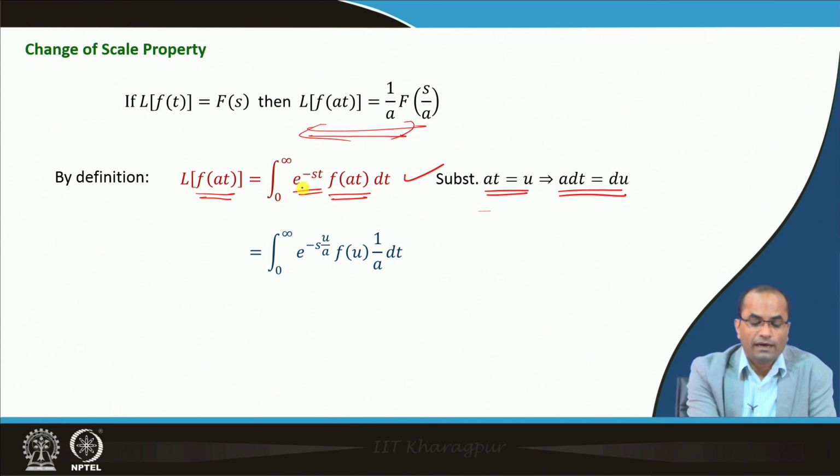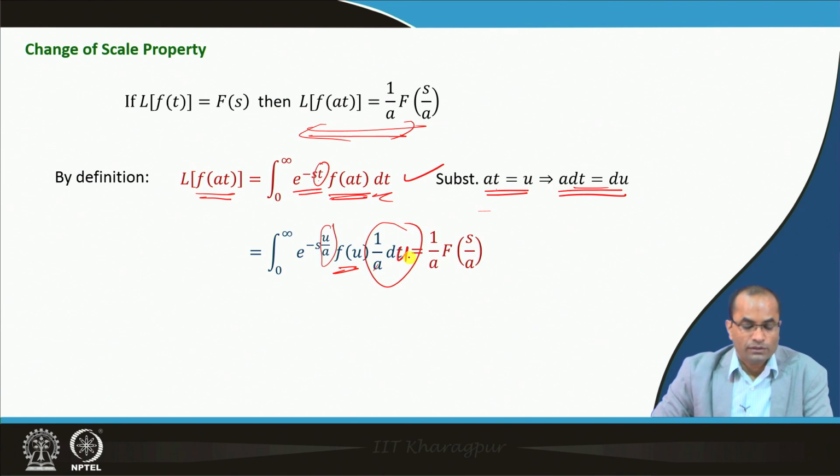Now we have to replace t by u/a. So, here the t is replaced by u/a, then we have f(u), and dt will be du/a.